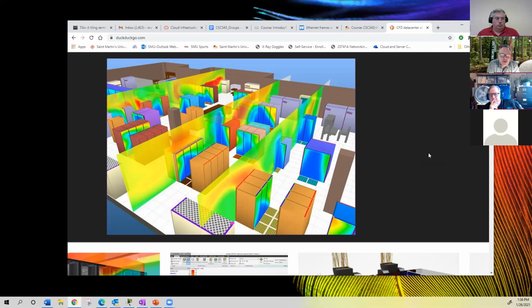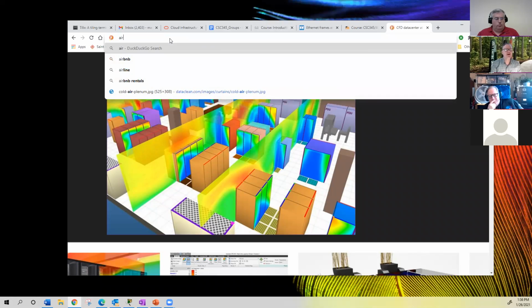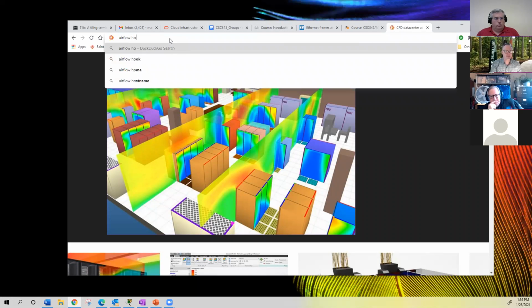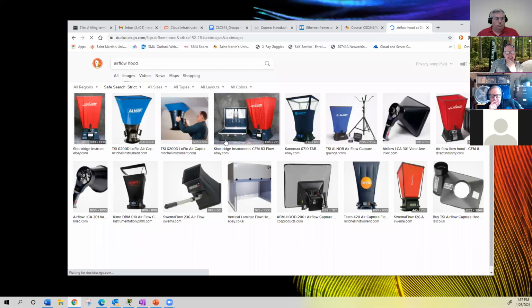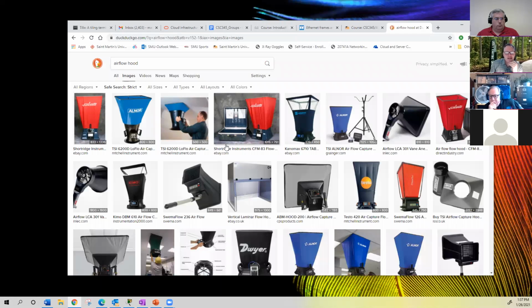And sometimes you think you've got a certain amount of airflow, but you don't necessarily until you actually test it with a little airflow hood. And has anybody ever seen these airflow hoods? They look like this, okay?